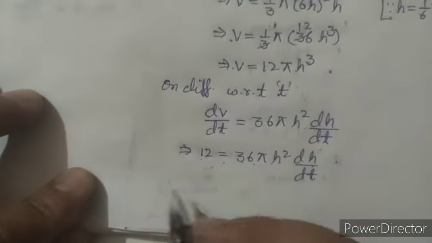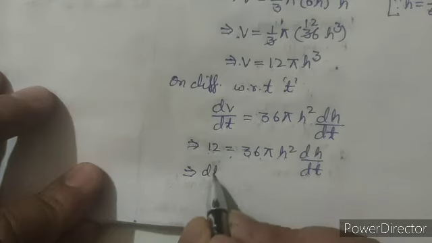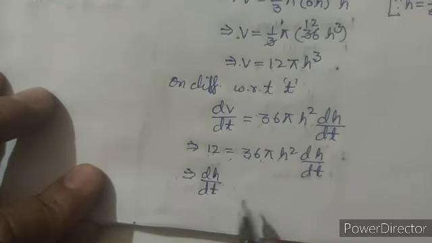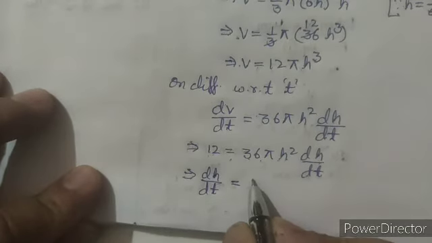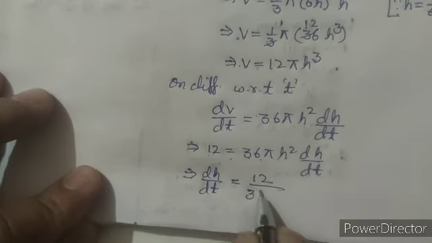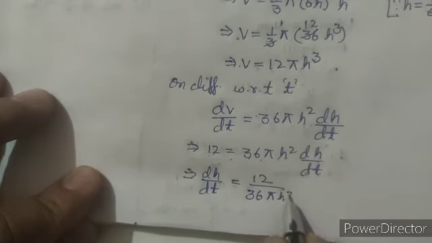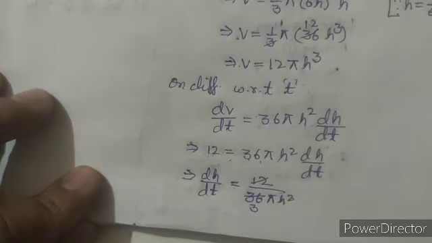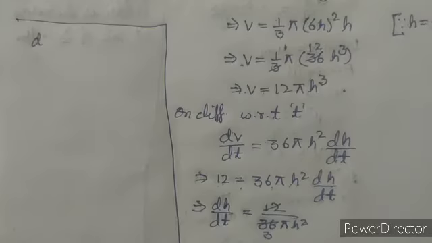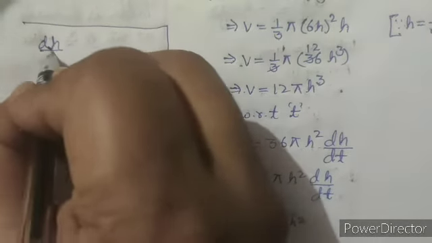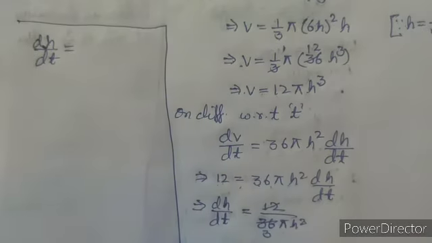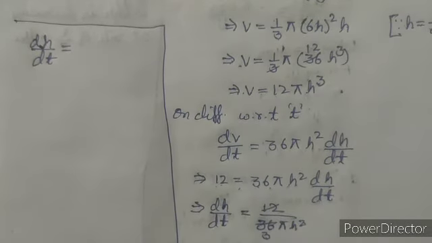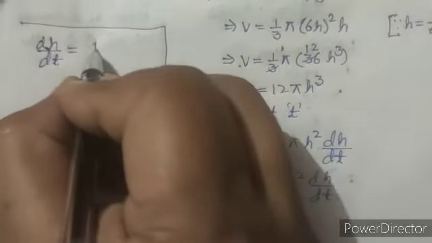Now from this we can find out the rate of change of height with respect to time, and that will be 12 upon 36 pi h square, and that will give us dh by dt as 1 upon 3 pi h square.